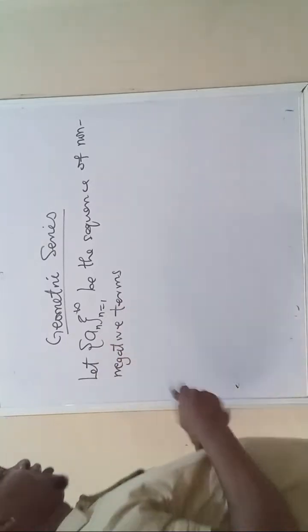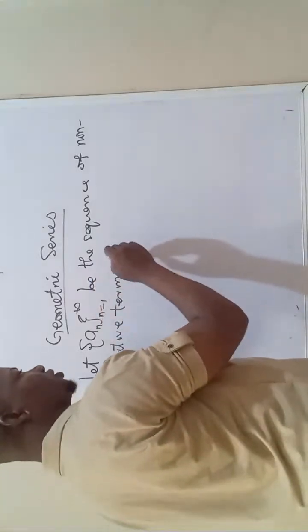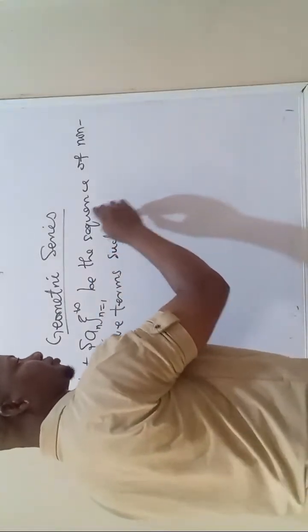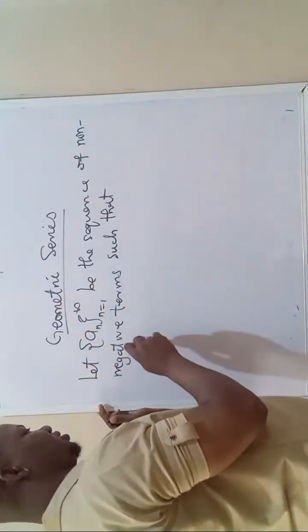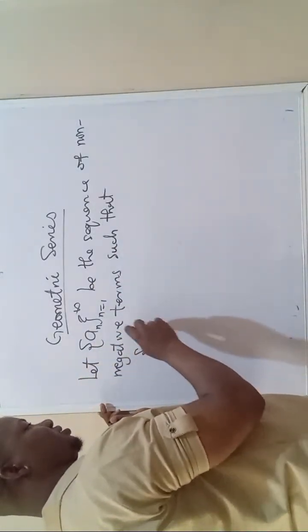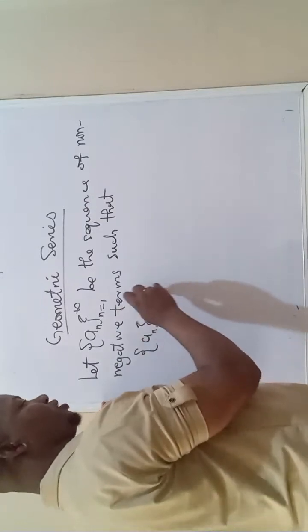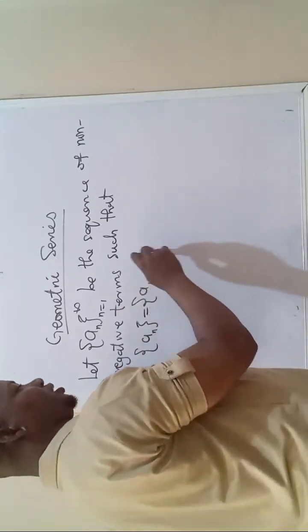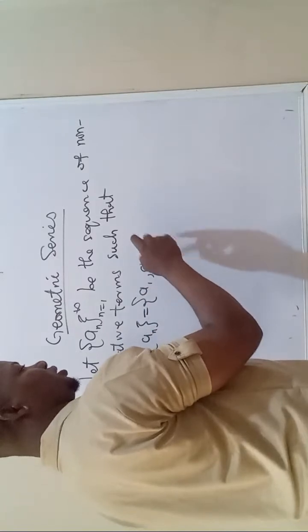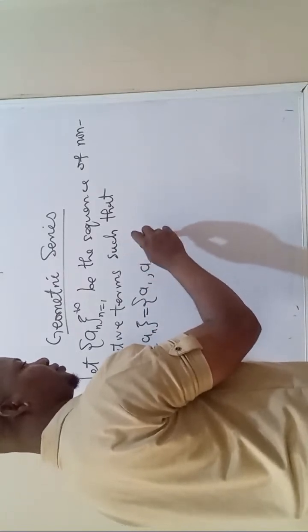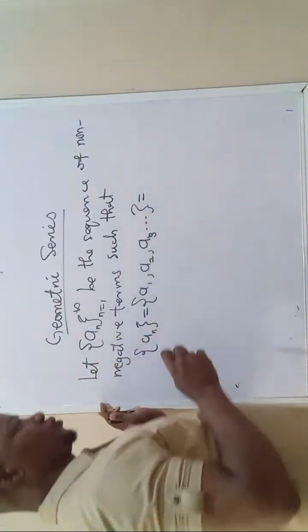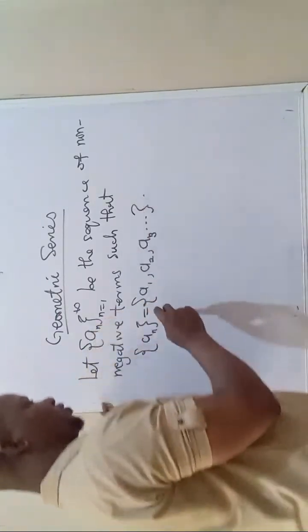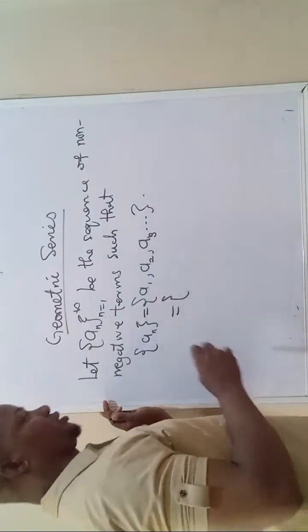Such that the sequence is equal to a1, a2, and so on and so forth. Let's do it this way: this is equal to a term like this.